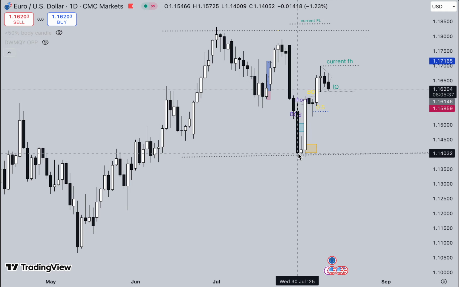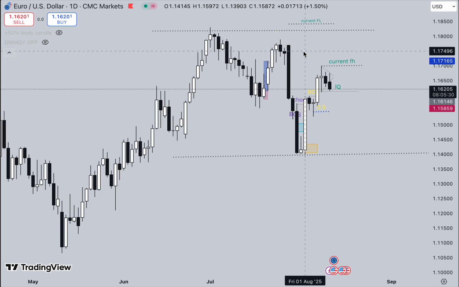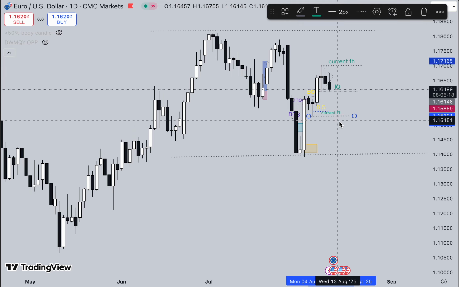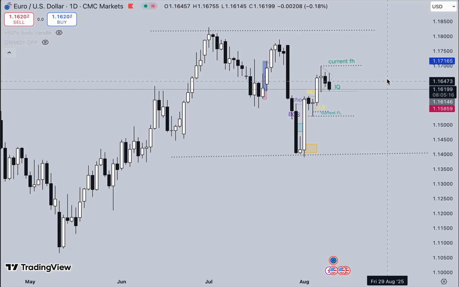We came here, pulled back, a fractal low that broke the structure. So what we have now is our fractal low, and now this is our fractal high. So we have it marked out this way, our low and our high. So we're having this retracement.